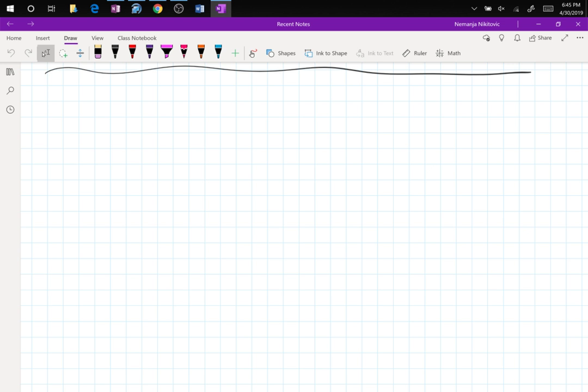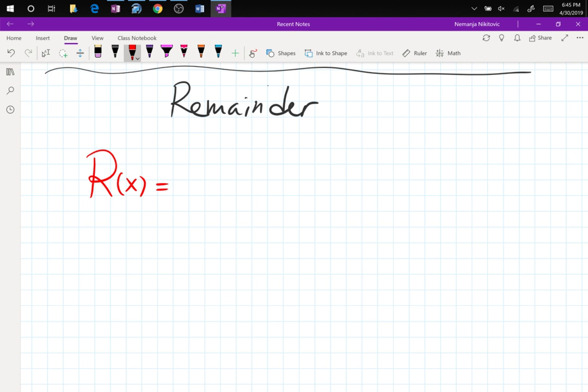Now, the remainder works this way. Call it R of x or whatever. Did they call it R of x in the book? I think they're calling it R of x. Yeah, Rn of x.